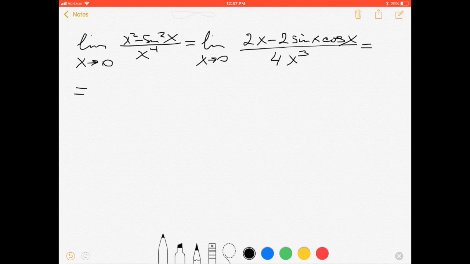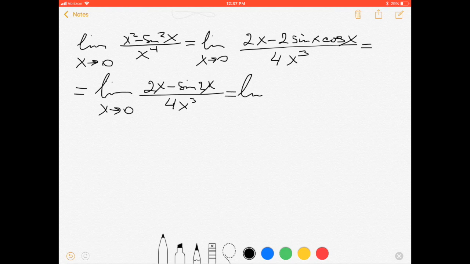Because of this I need to find more derivatives, but working with the product is not so comfortable. I rewrite this way: minus sine 2x. I don't do anything, I only remember the trigonometric identity, over 4x cubed.